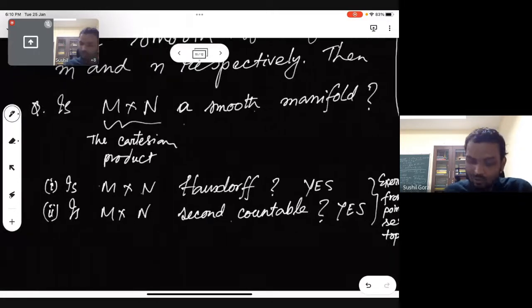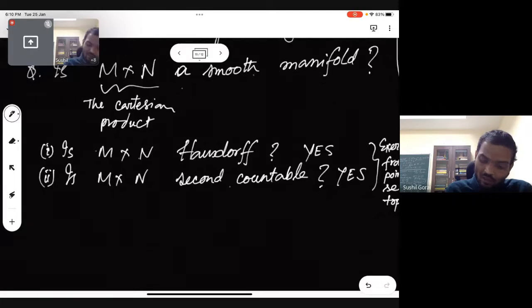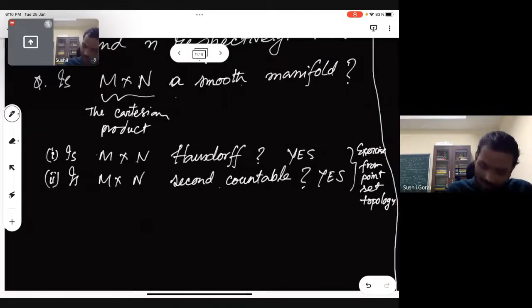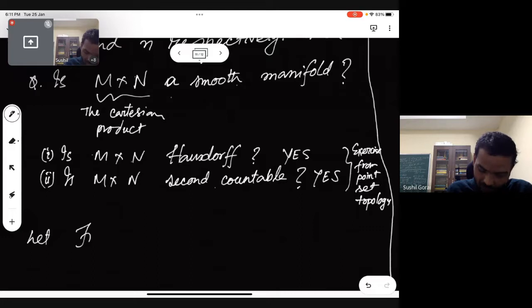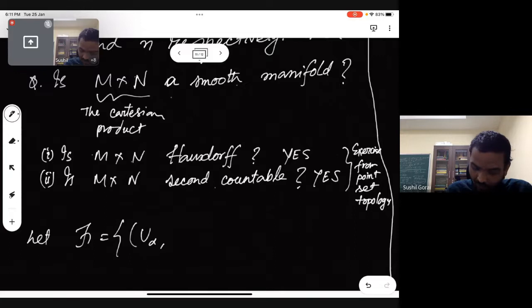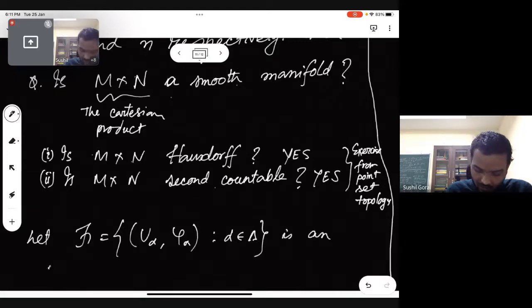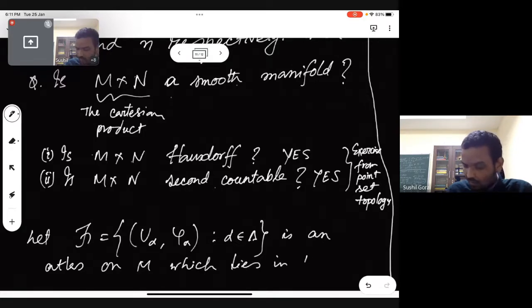Now the most important thing is charts. So you have charts in M. Say let F, which is U alpha comma phi alpha, alpha in some index set, be an atlas on M, which of course lies in the differentiable structure.